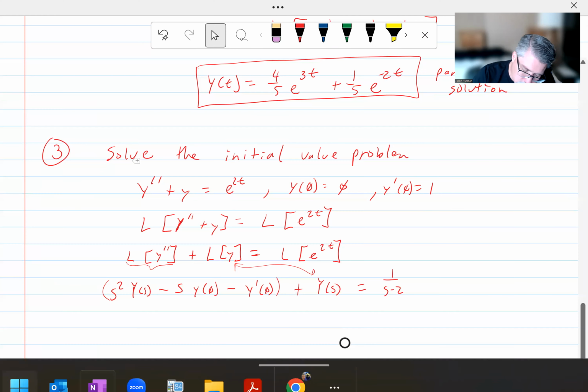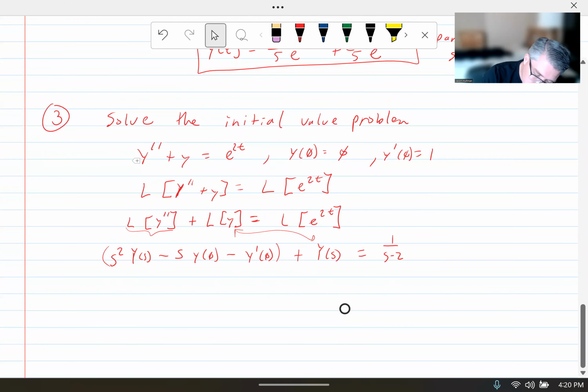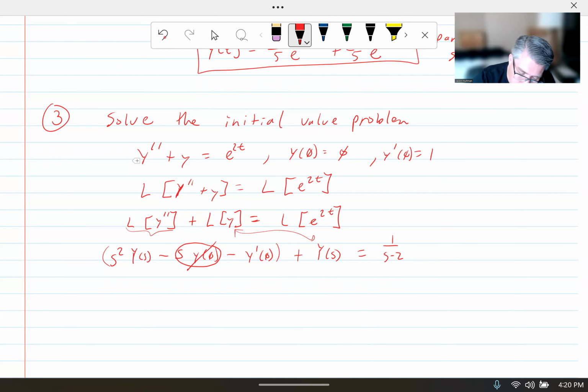Okay, so this is going to become, well, y naught is 0, so this whole thing goes to 0. And y prime naught is 1. So this becomes s squared Y(s) minus 1 plus Y(s) is equal to 1 over s minus 2.